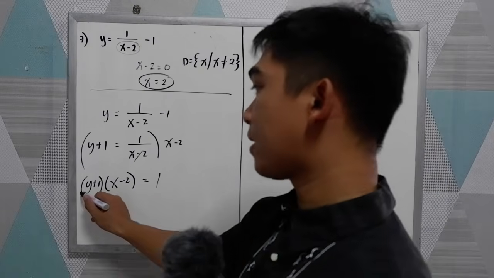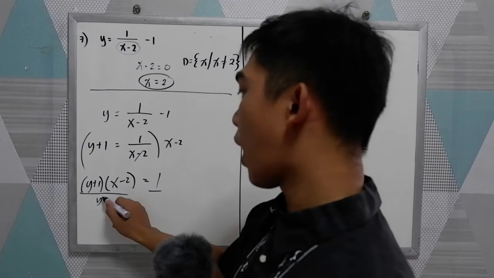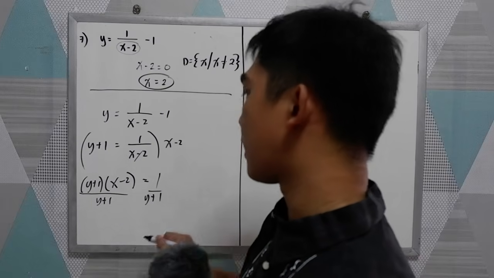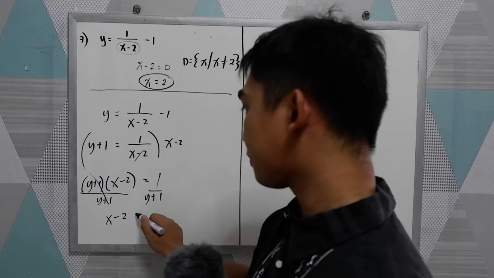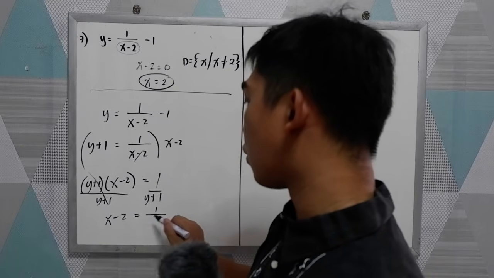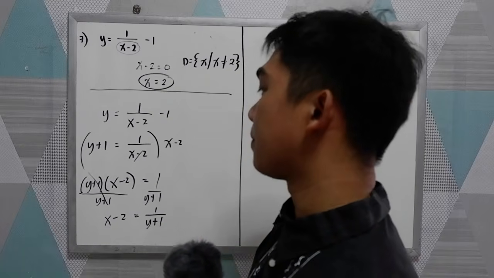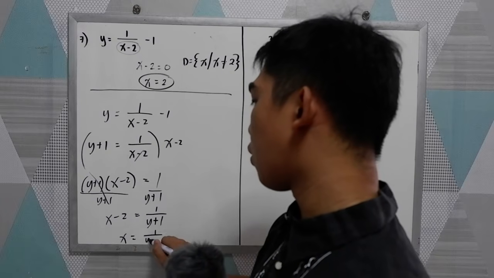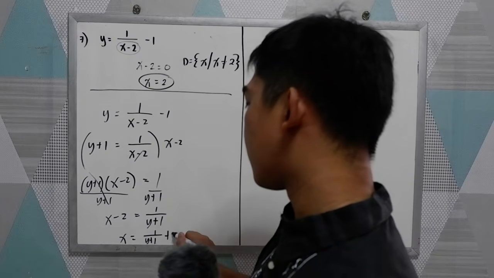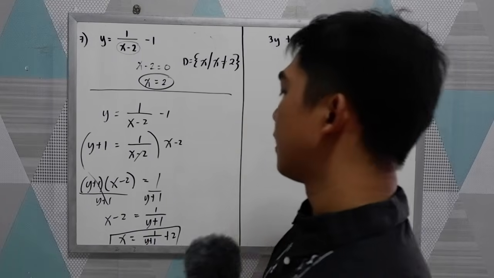Now, divide by y plus 1. The remaining here is x minus 2 is equal to 1 over y plus 1. Now we have x is equal to 1 over y plus 1, plus 2.